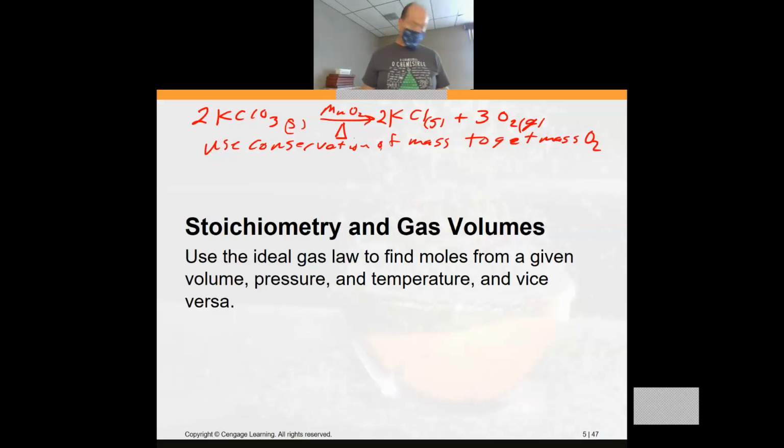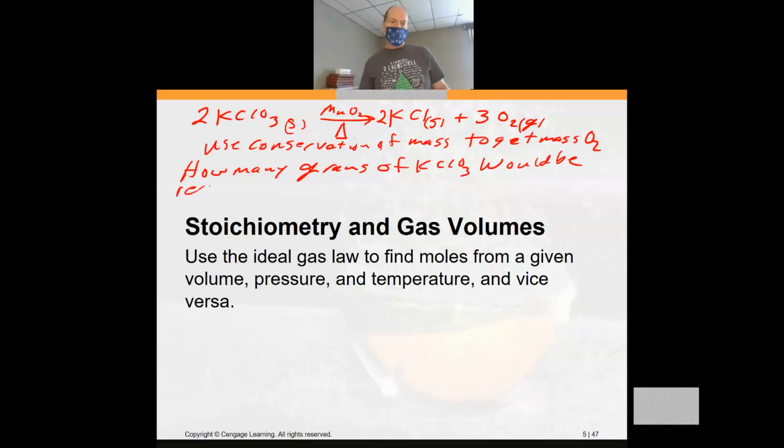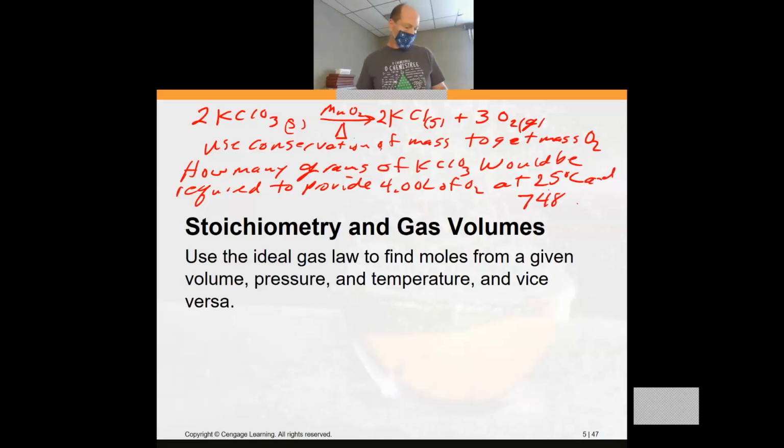Here's my question: How many grams of KClO3 would be required to provide 4 liters of oxygen at 25 degrees Celsius and 748 millimeters of mercury?